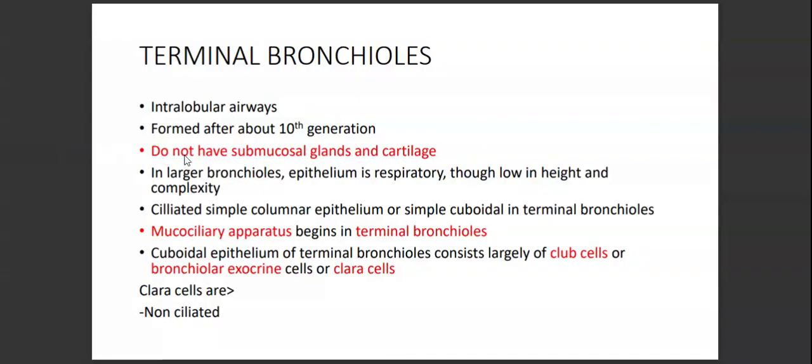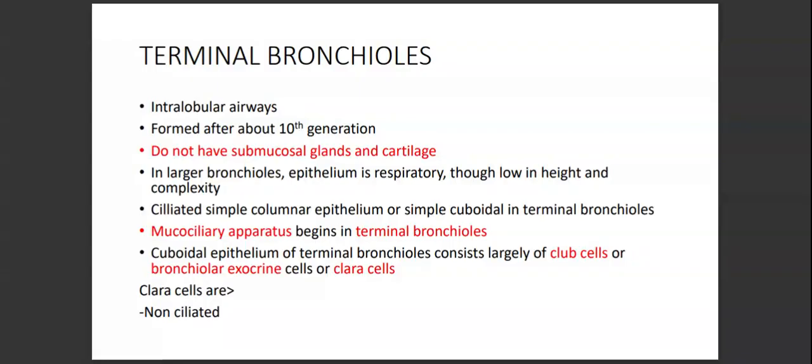Okay. So these terminal bronchioles do not have submucosal glands or cartilage. We said the cartilage reduces as you go down, so I've confirmed that this is true, because these terminal bronchioles do not have cartilage. Neither do they have submucosal glands. Okay. So in larger bronchioles, the epithelium is respiratory, though low in height and complexity. The other thing we have to take note of is that as we go down the respiratory tree, the epithelium was changing.